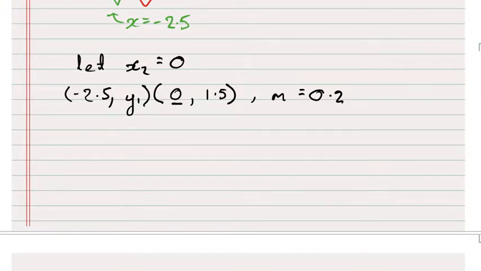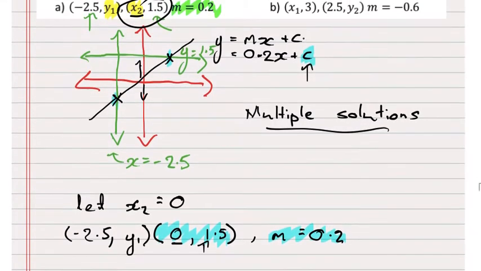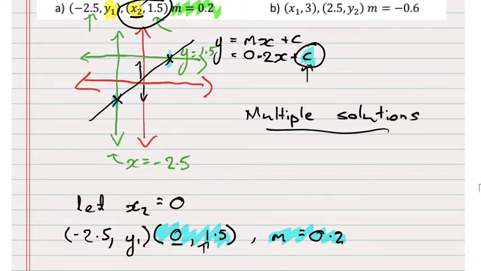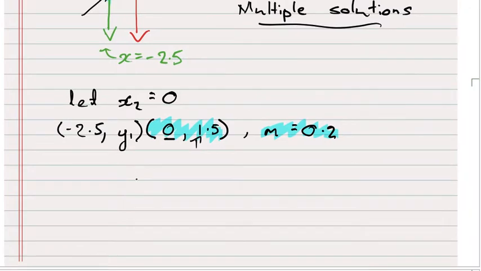Well, simply by grabbing these points here and this gradient here, we can say a line passes through this point up here and has a gradient of m equals 0.2, and we can find the constant, so that guy here, which will tell us a line for this particular solution.